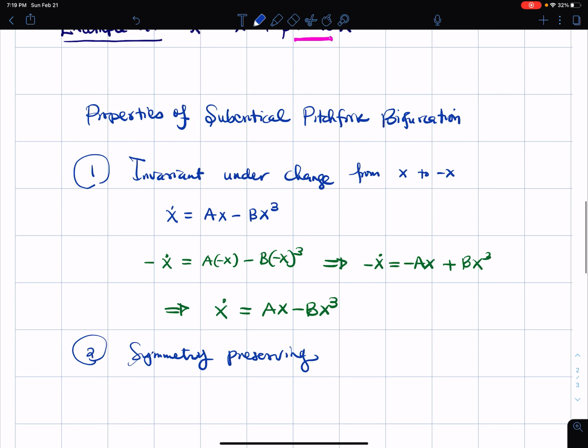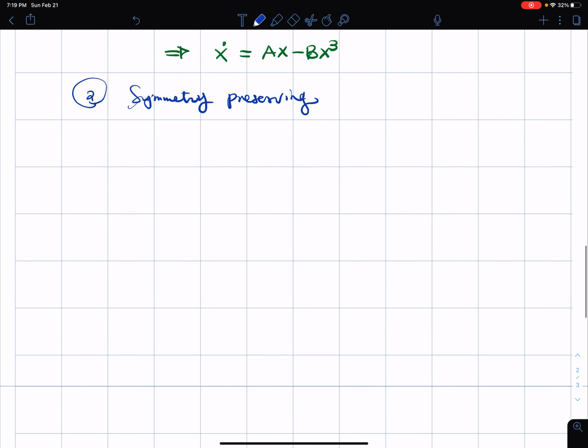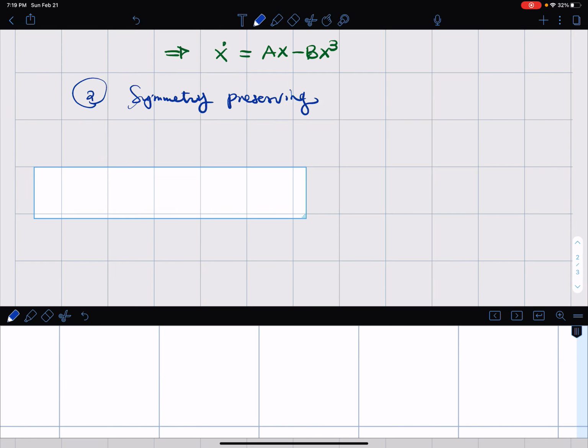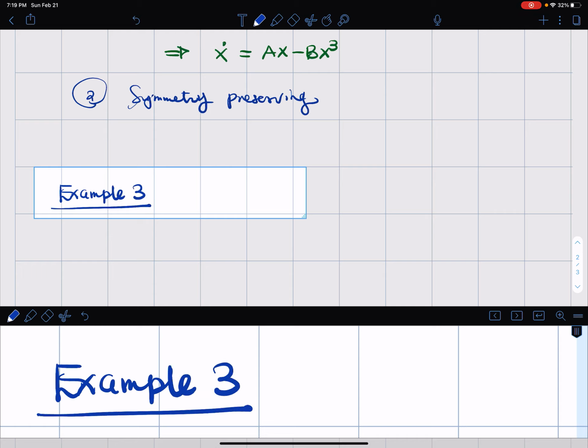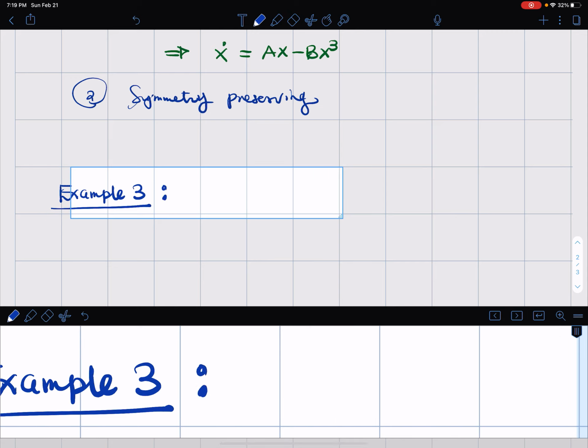Okay, so let us look at another example. I'm going to call it example 3. We're going to stay with the example I solved, example 1.